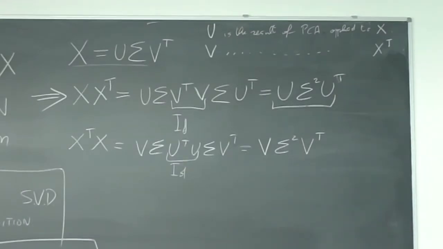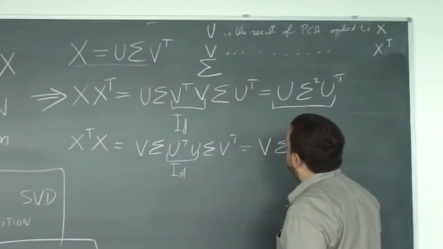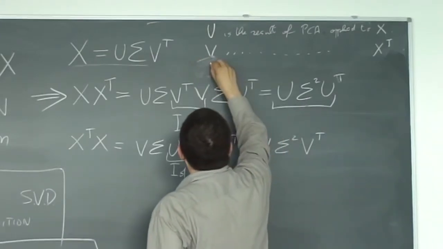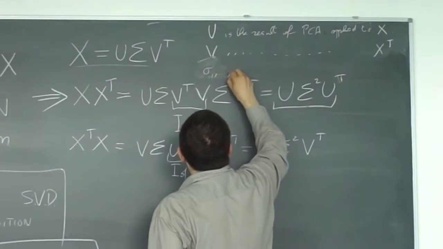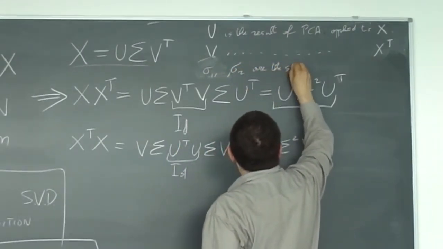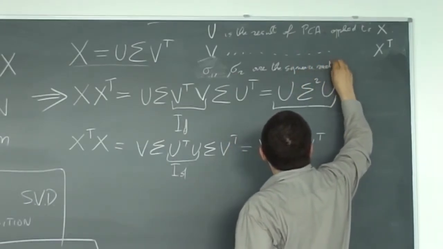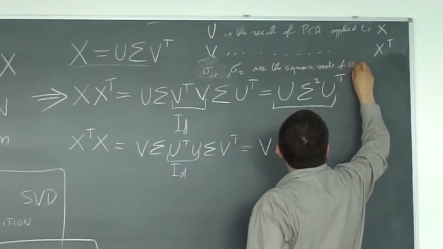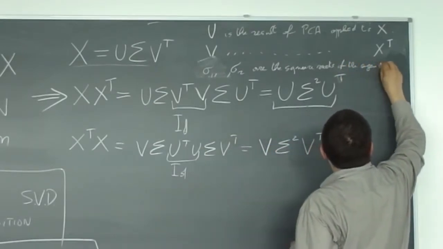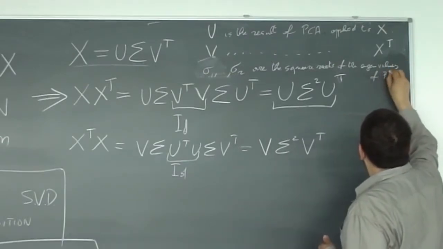So, in order to find sigma, let's say sigma 1 up to sigma r are the square roots of the eigenvalues of the PCA method.